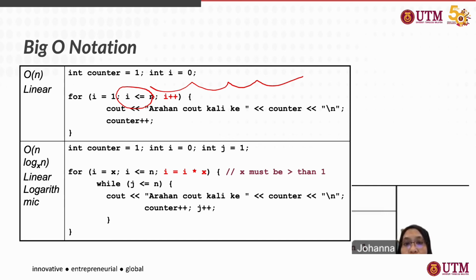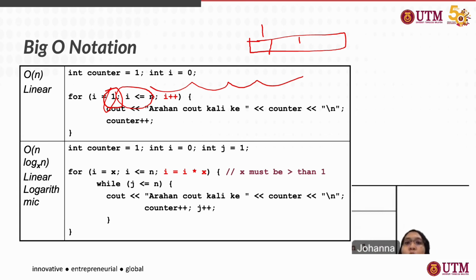So you can see, for this example, let me erase first. Let's say we start from 1, because here i is equal to 1. So we are going to start with index 1.